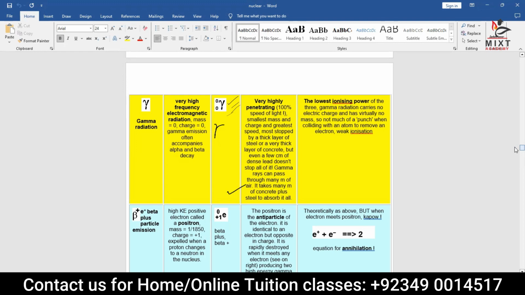Another point now. How do you see these rays when they are passing through a magnetic field? What do you think of it?